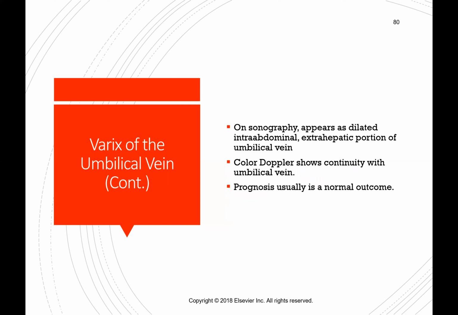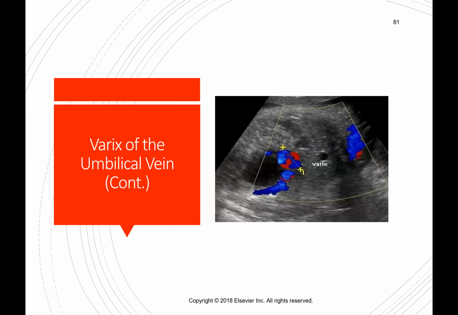On sonography it appears as a dilated intra-abdominal extrahepatic portion of the umbilical vein. So the vein is just really dilated. Prognosis is usually a normal outcome, but it looks like this. It's going to be a larger vessel.